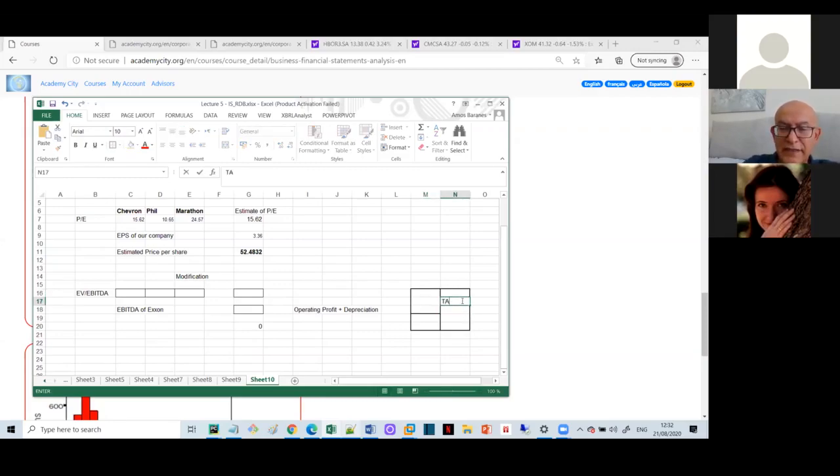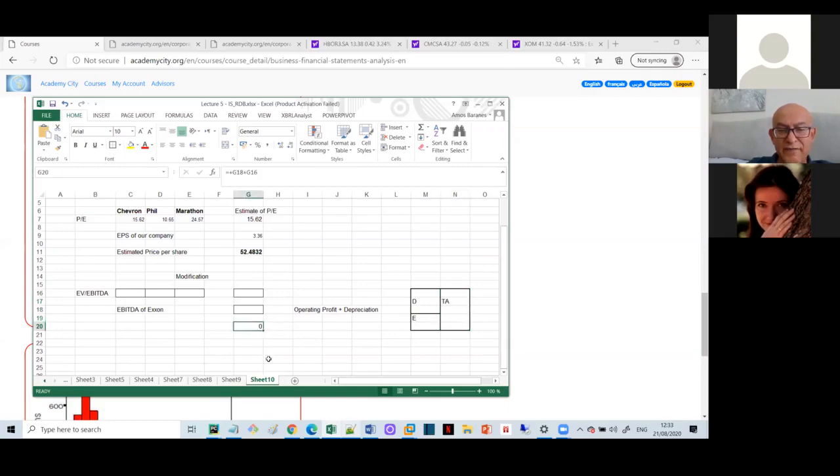Here I have the debt, and here I have the equity. Fair enough? We have seen that before. Enterprise value refers to the total value of the assets. I repeat, enterprise value means the value of the total assets.